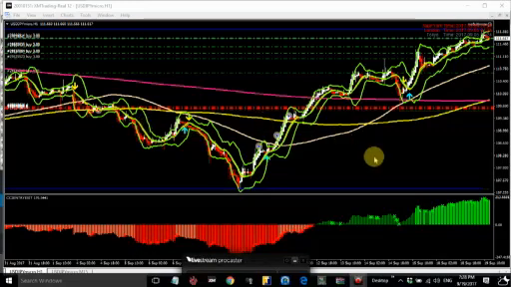Before I go further, let's talk about how you become profitable with this moving average 200 and all the moving averages I've been talking about. Let's say you miss the cross of this moving average 20 crossing over the moving average 200, this yellow one.